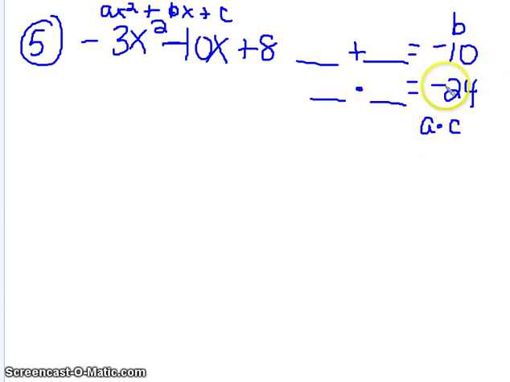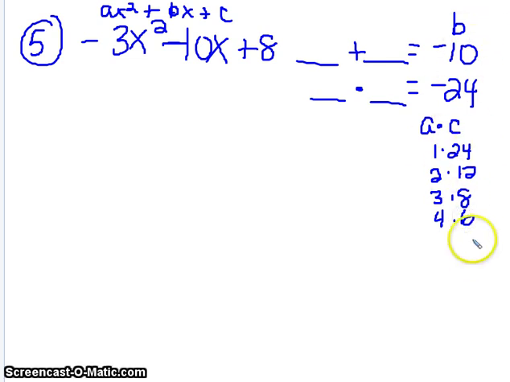And so if we look at negative 24, 1 times 24, 2 times 12, 3 times 8, 4 times 6. How can I get 10 out of any of these numbers? Well, you're going to have to say 12 minus 2 to get 10. If you want a negative 10, you're going to have to say that you've got a negative 12 and 2, if we add those together.